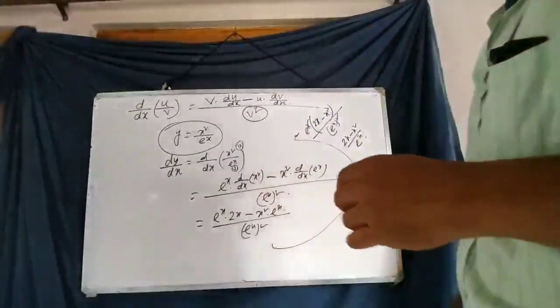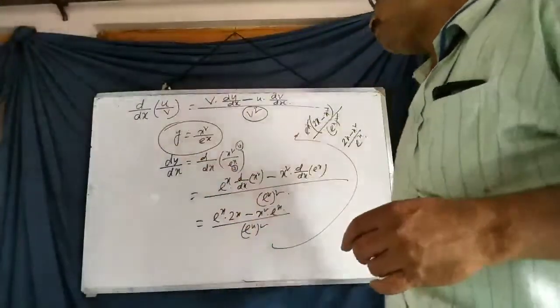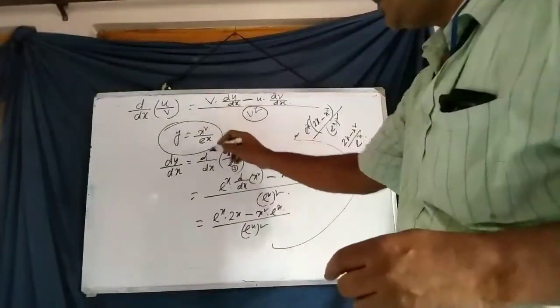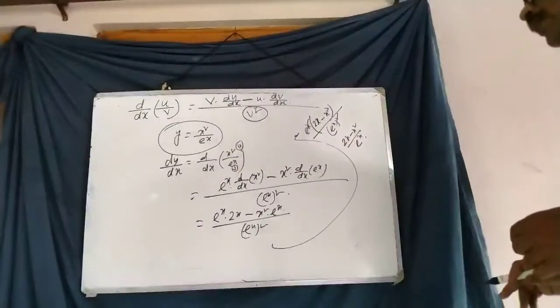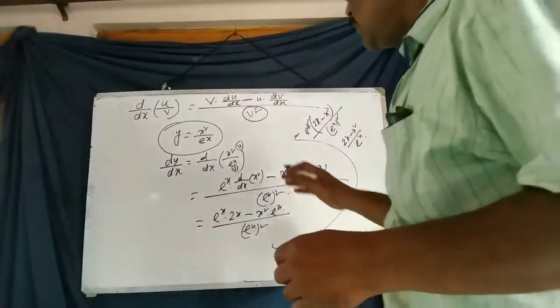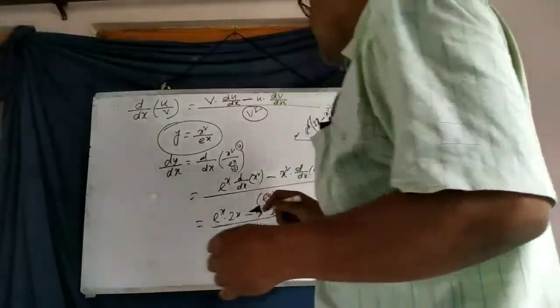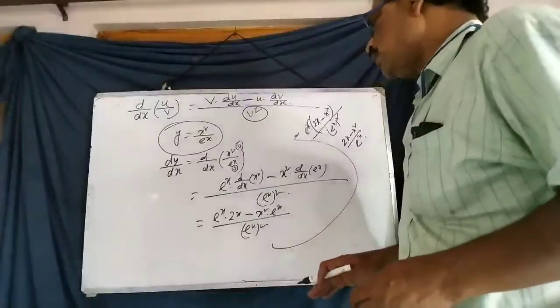Now I will apply this uv method to calculate the differential coefficient of the given function x square by e to the power x. So we can substitute v by e to the power x and u by x square.